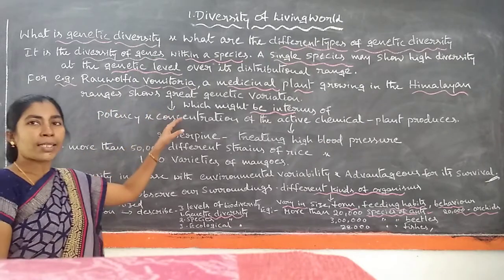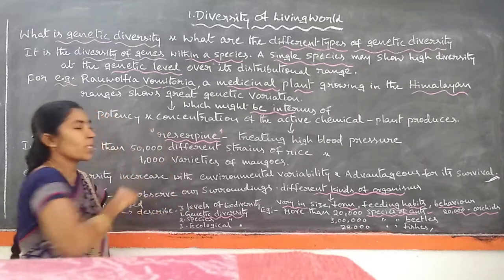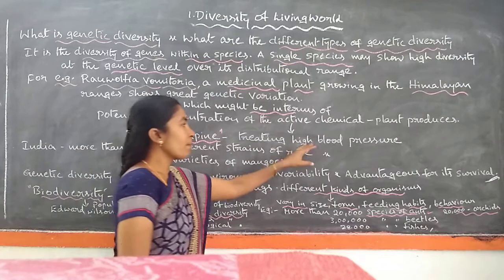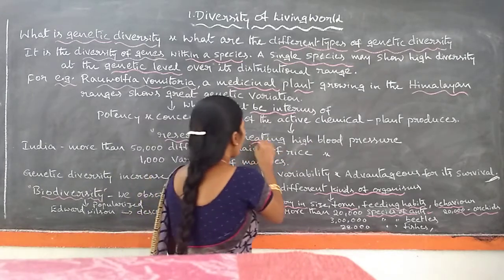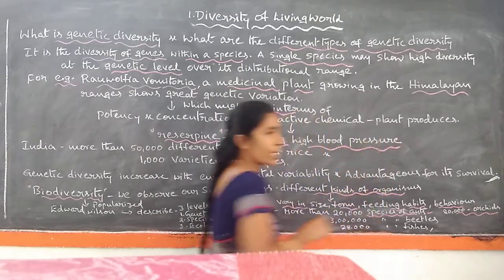What is the active chemical? It is reserpine. Reserpine is used to treat high blood pressure.